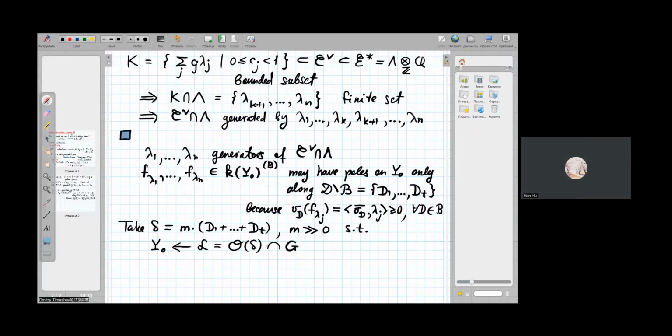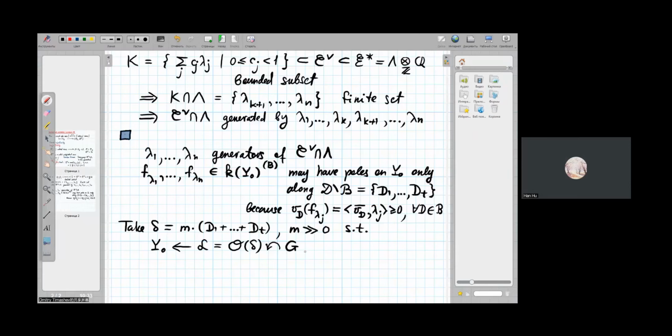We know that the action of G on Y naught can be lifted to the action of some finite cover of G on the total space of the line bundle. But if we replace the respective divisor by a sufficiently big multiple, then the action of the group G itself is lifted to the total space of L. And we want to assume this.